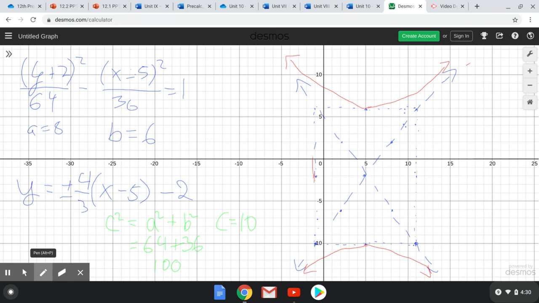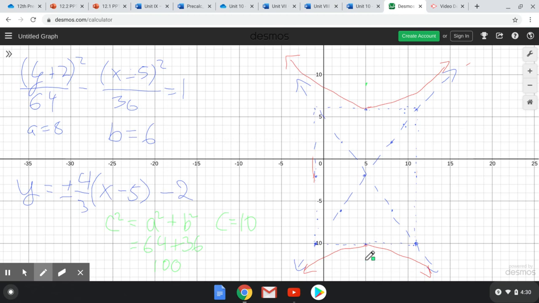One good thing about watching me make mistakes is that you get to think about them and hopefully not make them yourself. So the foci are going to be 10 up and down from the center. It's still 10. It's just 10 up and down from the center instead of right and left. So that's going to be here and here.